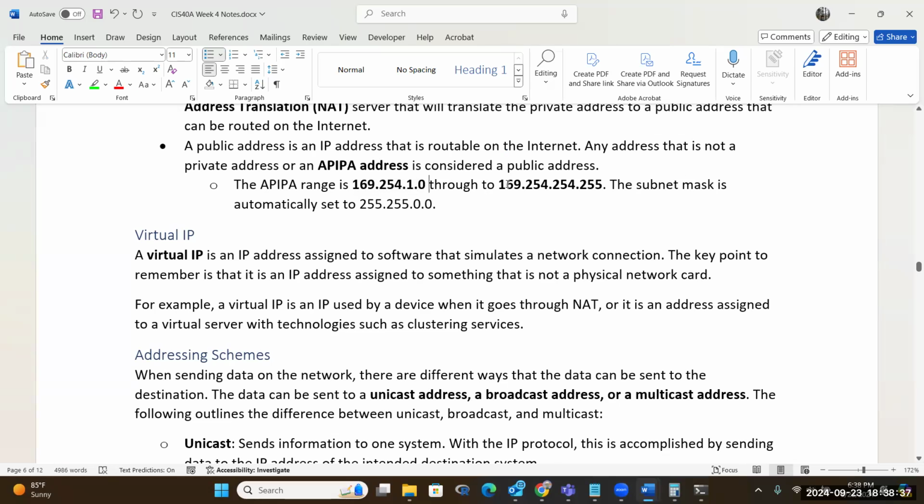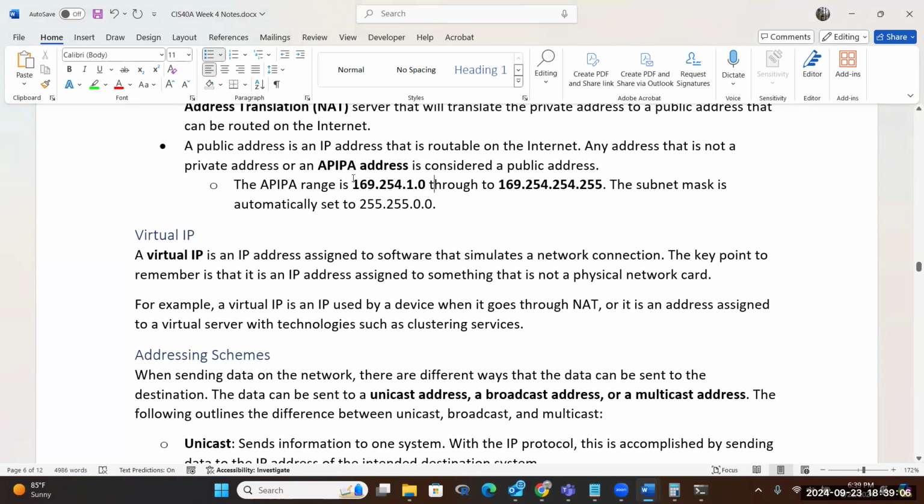So all operating systems support an APIPA address. This is a way that we would have some kind of standard out-of-the-box address without having a private IP address. But this address does not allow communication. You will not have network connection or internet connection. So in order to have internet connection in your home, you have to connect to your home network, so you should have a private IP address from your home network.